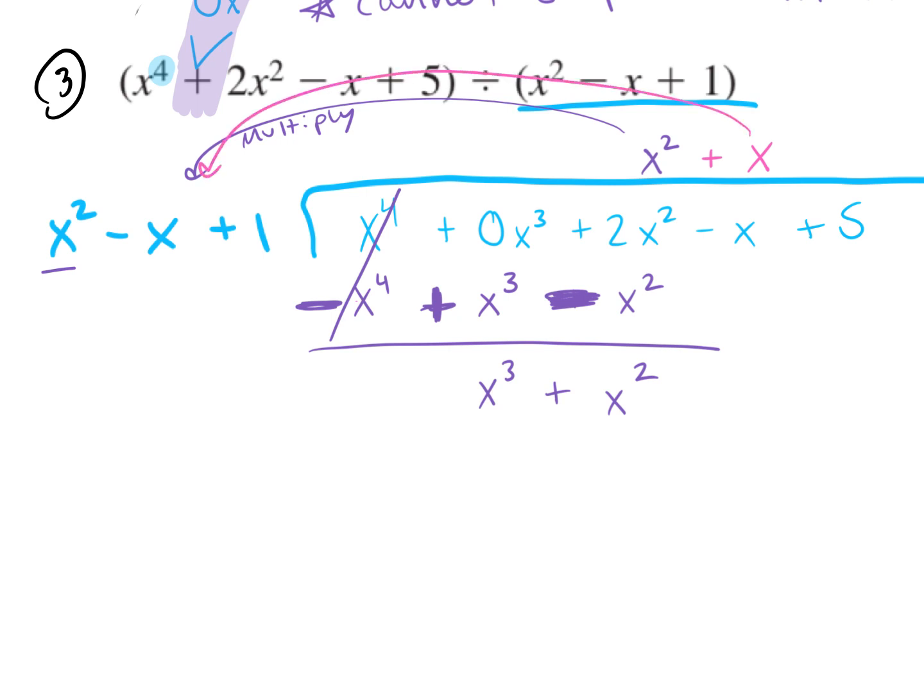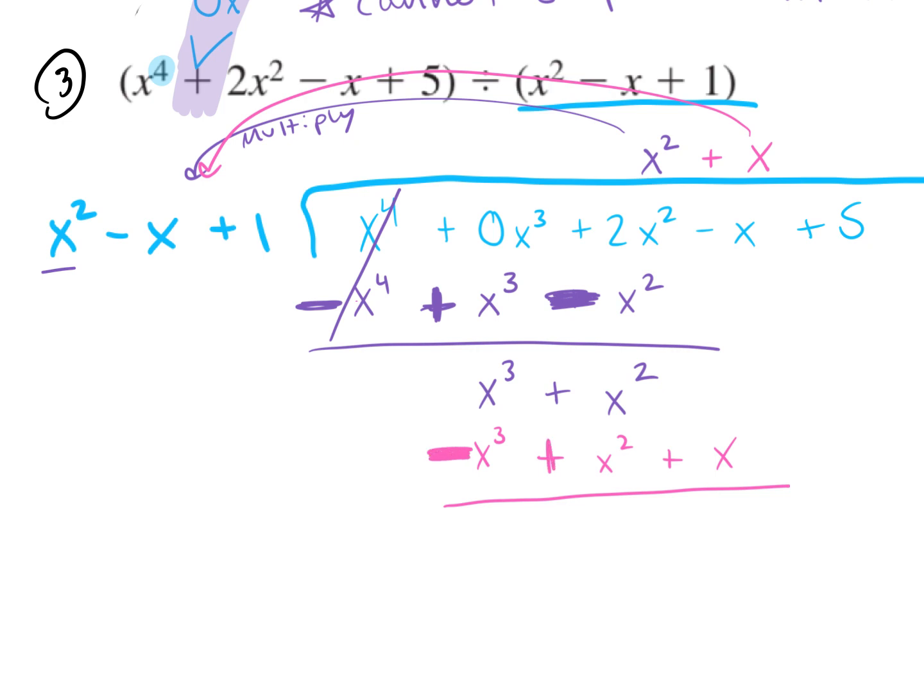Multiply. We're multiplying it times everything out front. So x times x squared would be x to the third power. What's x times negative x? Negative x squared. And x times 1? Just x.